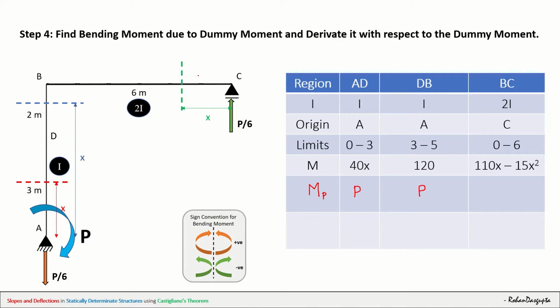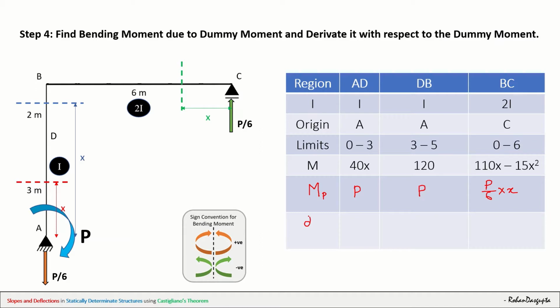From C, we have P by 6. Again, it's going to have an anticlockwise moment. Right of section anticlockwise is positive. So P by 6 multiplied by x.